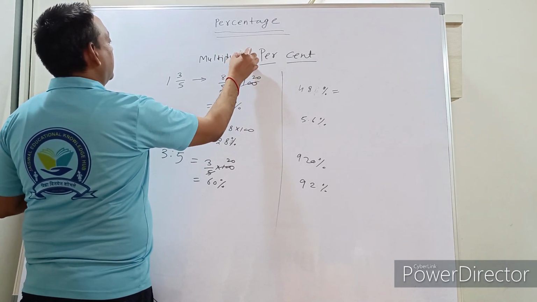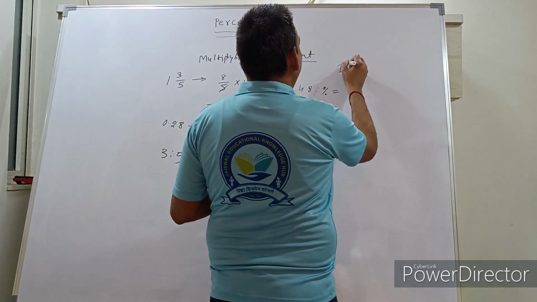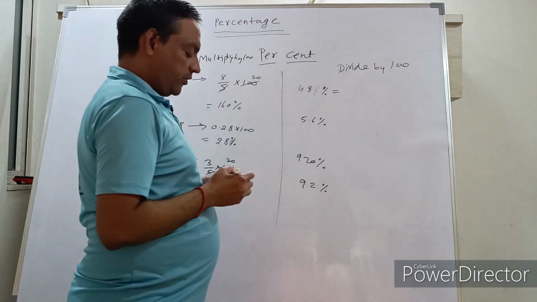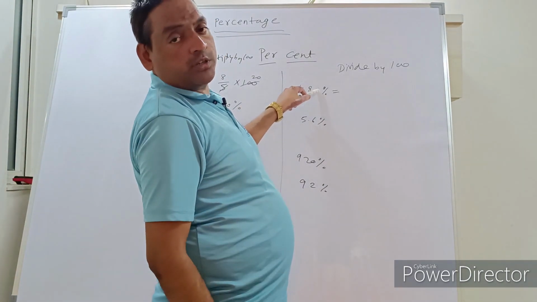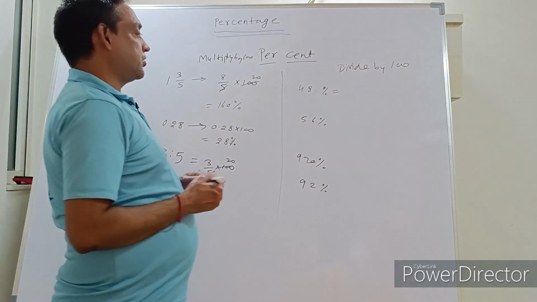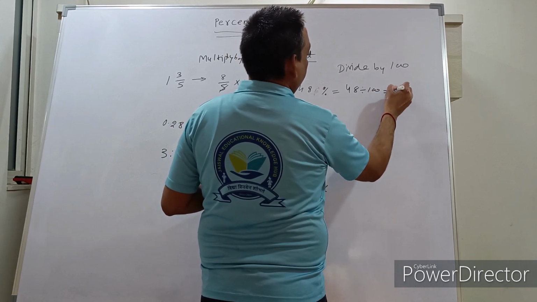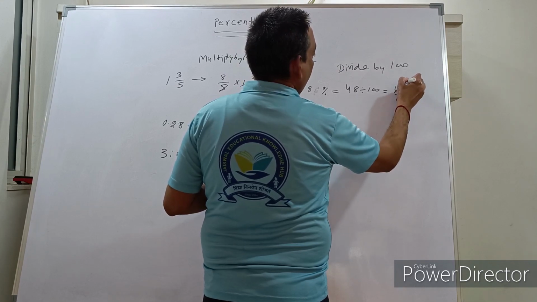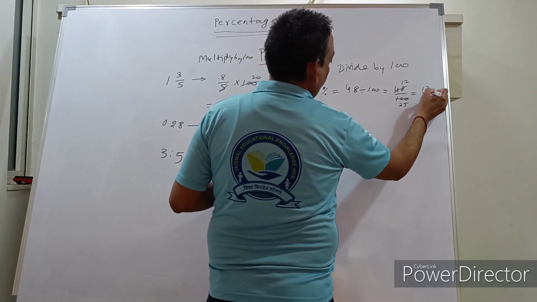And if they already given you percentage, so you have to divide by 100. Anything given in percentage, we have to convert into fraction, decimal, or ratio form, we have to divide by 100. So like 48%, so 48 divided by 100, which is nothing but 48/100. And then you can cancel by 12, 4 1s are 4, 25 4s are 100, so 12/25 is the fraction form.